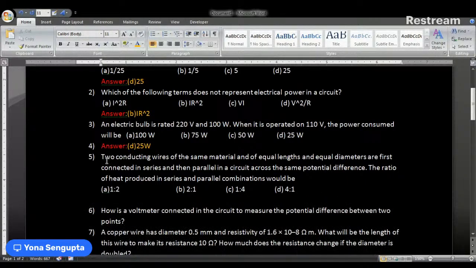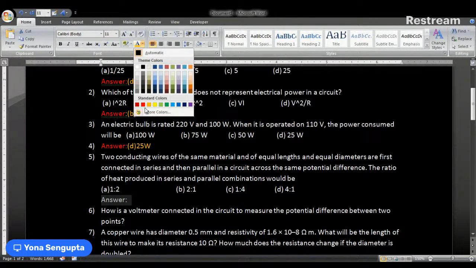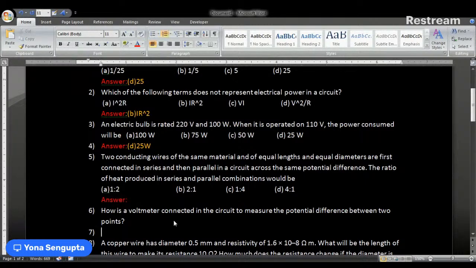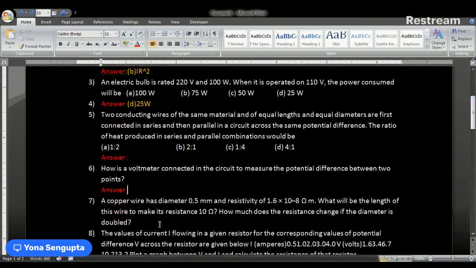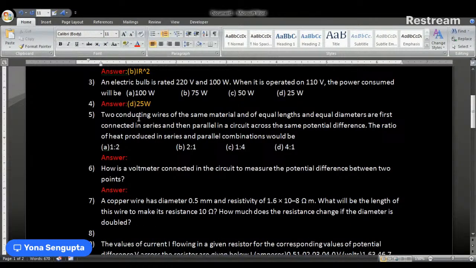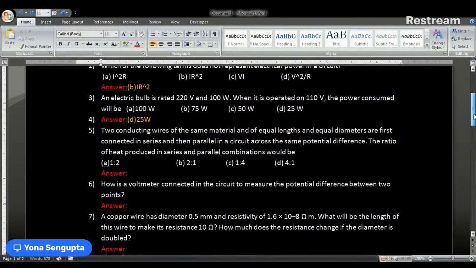Next question comes: two conducting wires of the same material and of equal lengths and equal diameters are first connected in series and then in parallel in a circuit across the same potential difference.